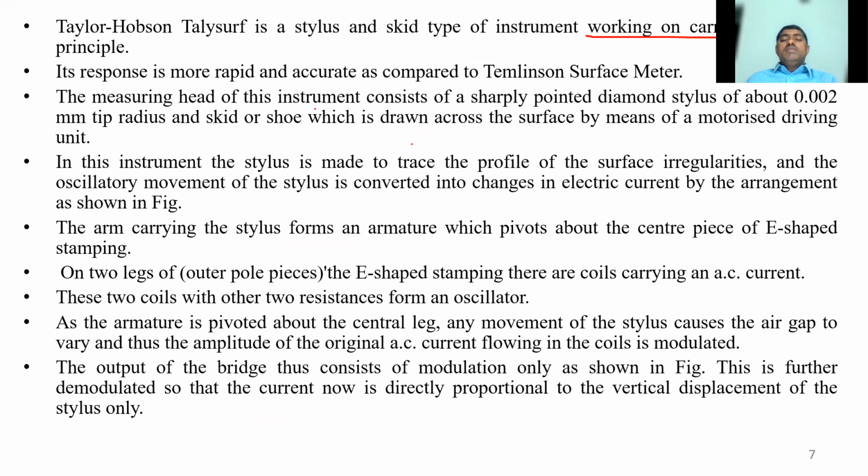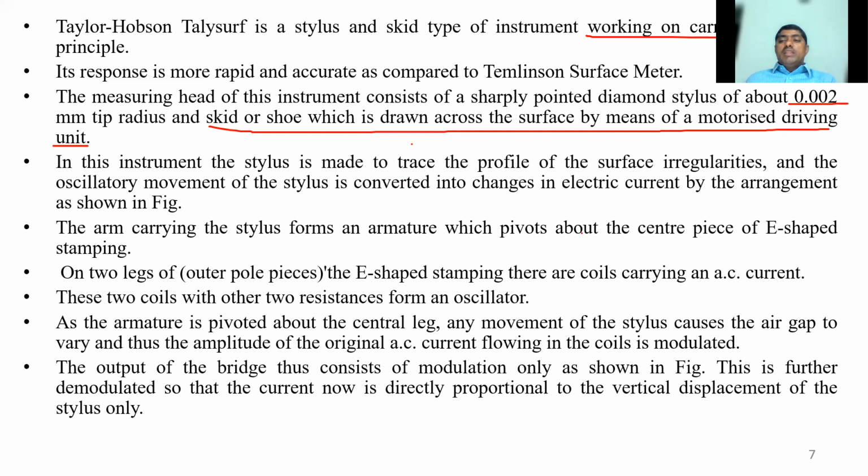The measuring head of this instrument consists of a sharply pointed diamond stylus of about 0.002 mm tip radius, and a skid or shoe which is drawn across the surface by means of a motorized driving unit. In this instrument, the stylus is made to trace the profile of the surface irregularities, and the oscillatory movement of the stylus is converted into changes in electric current by the arrangement shown in the previous slide.